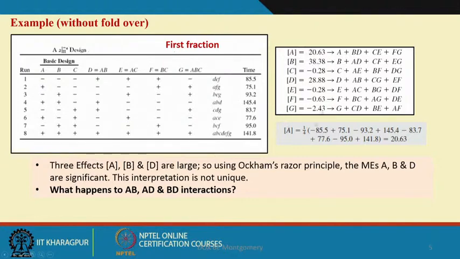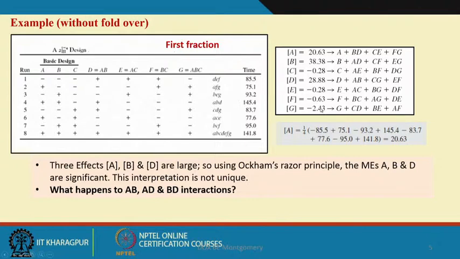If you see the alias structure and the estimated values, A, B and D have high values. So we can say A, B and D are large.